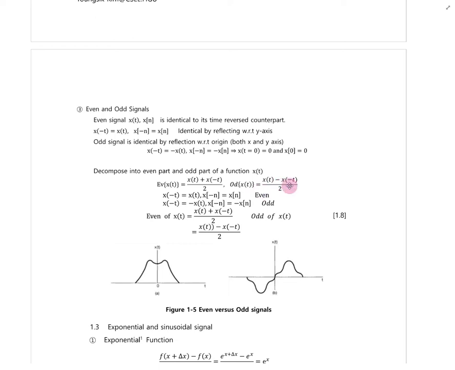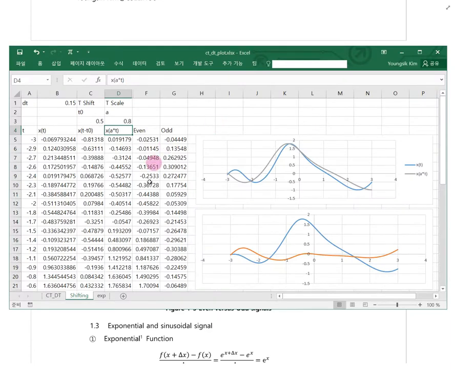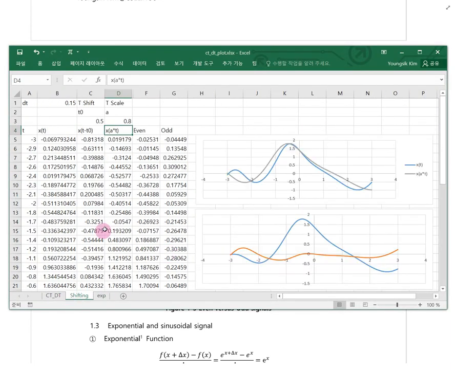So x(t) can be decomposed into an even part and an odd part. To verify this, here it is.